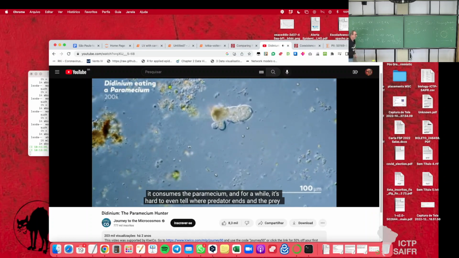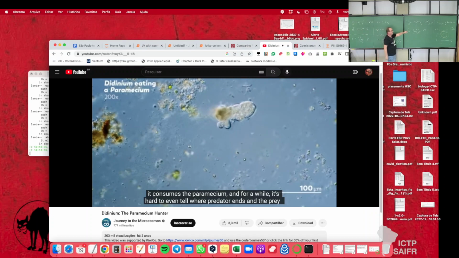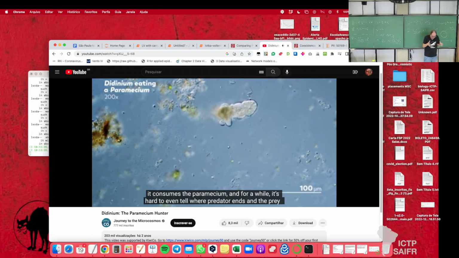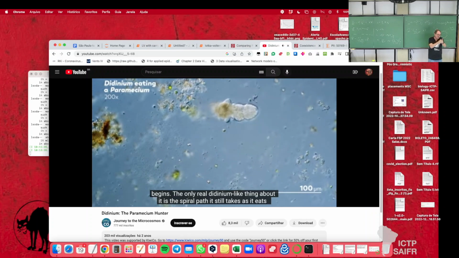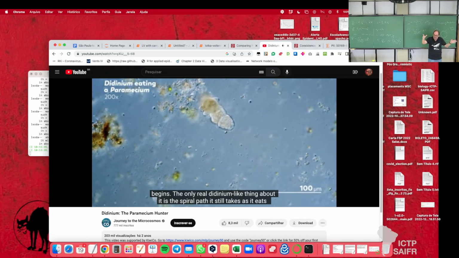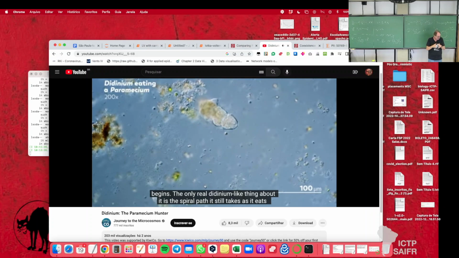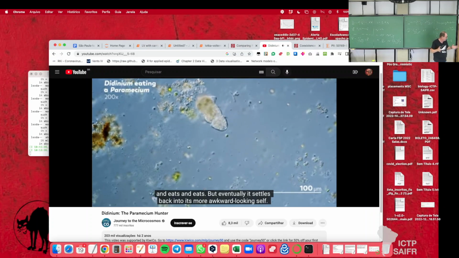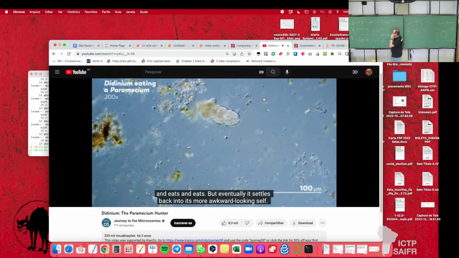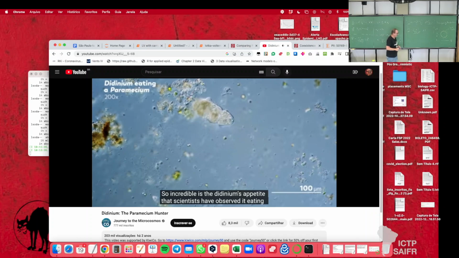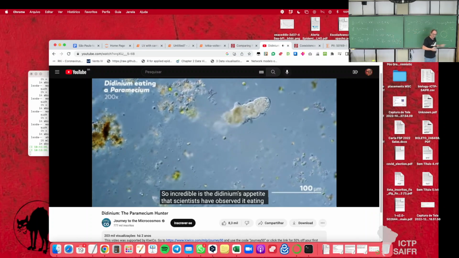And actually sometimes, because the Didinium doesn't know what it touched, it may be super big, and it could happen that the Didinium explodes sometimes. So it's handling time, right? And it's searching time. All of this is there.